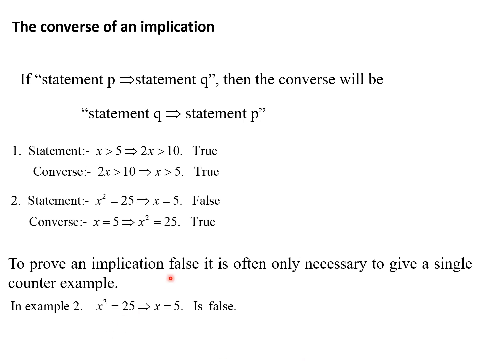For example, for the statement, if x squared equals 25, then x equals 5, this statement is false. The counterexample here is x equals negative 5, because the possible x value is also negative 5.